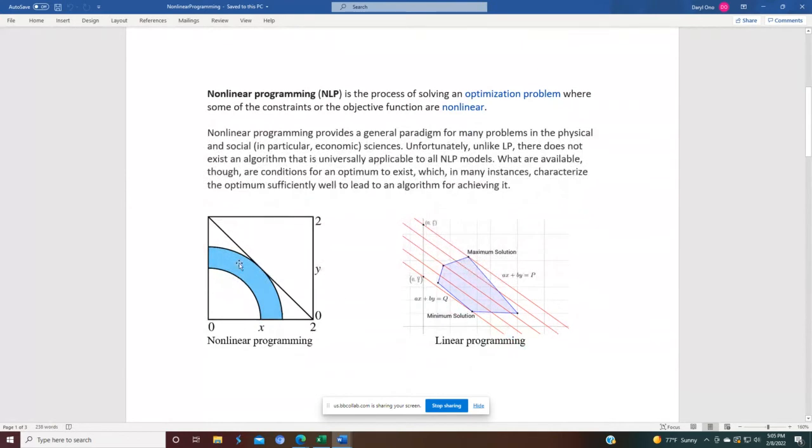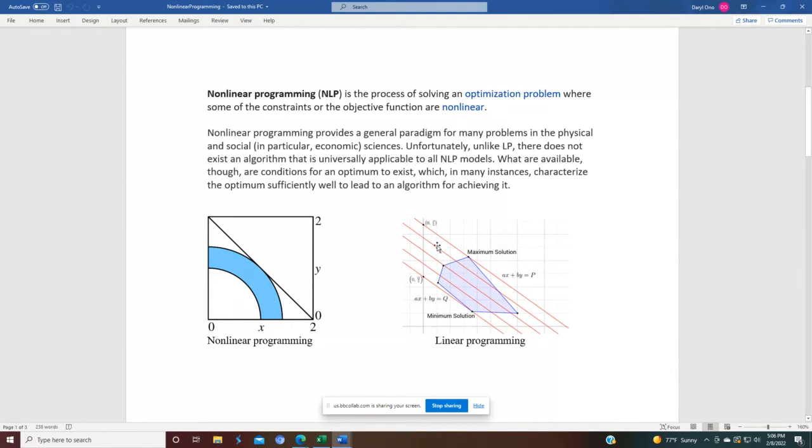And you can see here on this nonlinear programming, the blue might be the feasible region. This line is the profit function. But you can see that the blue is curved. So because it's curved, we can't use linear programming. We have to use nonlinear programming.